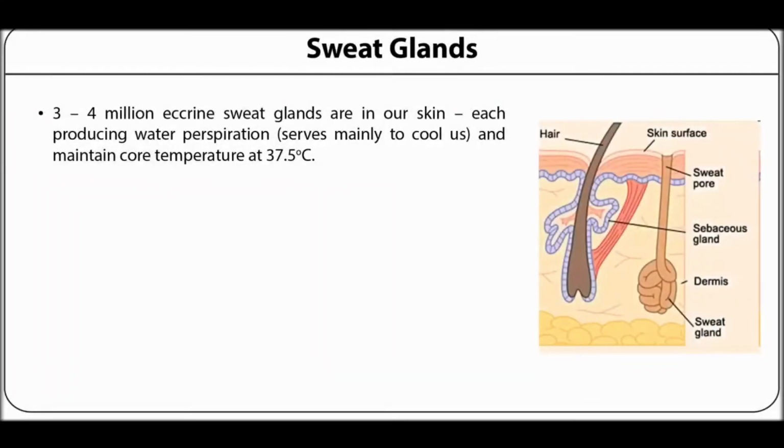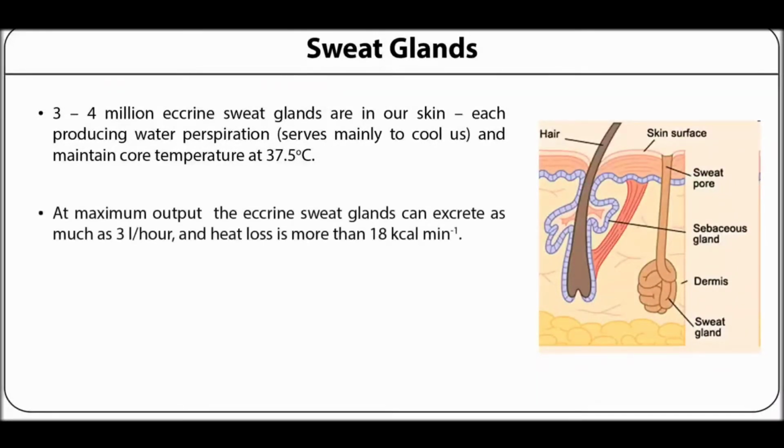The diagram in front of your screens highlights the presence of the sweat glands in the dermis area of the skin. At maximum, the output of the eccrine sweat glands can be as much as 3 liters per hour, and the heat loss is more than 18 kilocalories per minute. Humans utilize eccrine sweat glands as a primary form of cooling.